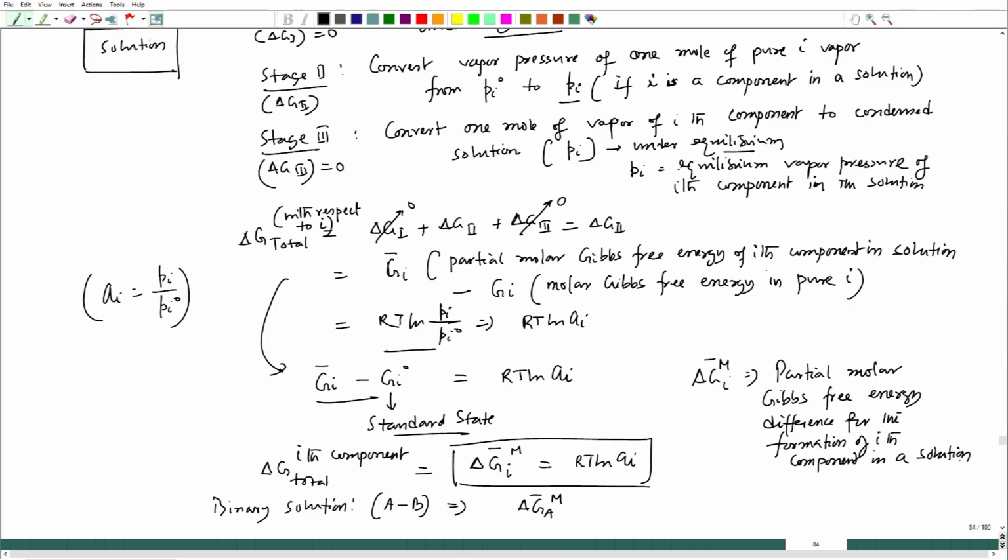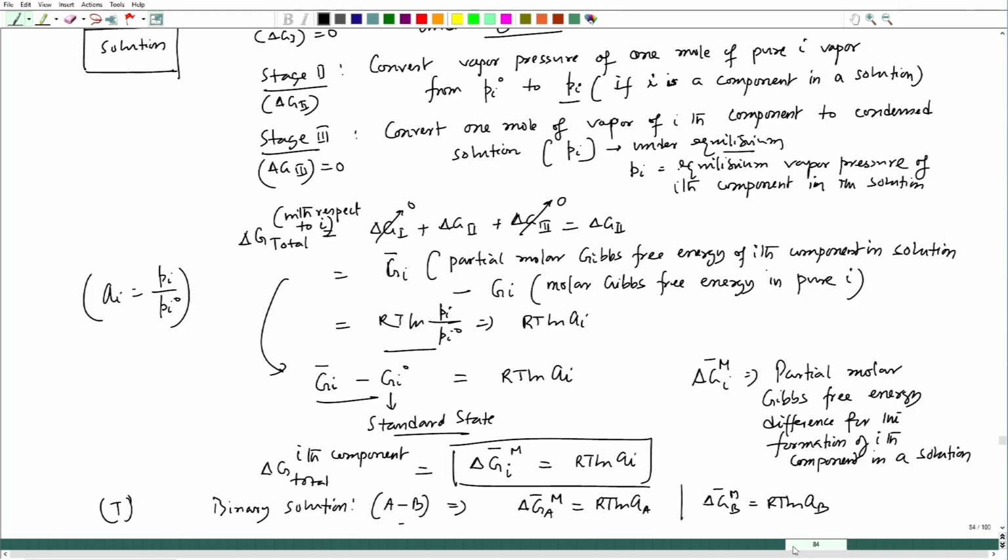Fine. This should then be RT ln a_A, and delta G B M equal to RT ln a_B. So, we get this for the dilute solution, at a particular temperature T.